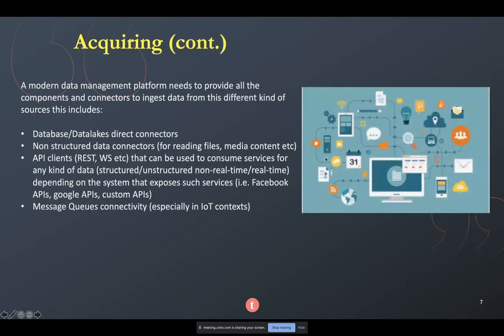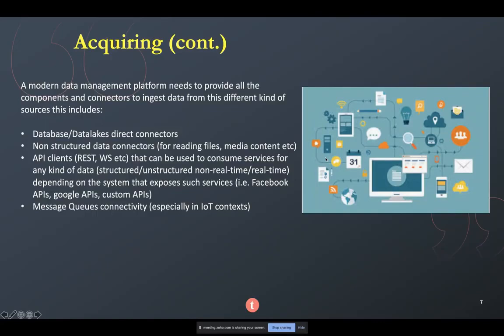So basically, a modern data management platform needs to provide all the instruments for acquiring data from these different kinds of sources. Just to give you some examples: databases and data lakes, direct connectors, non-structured data connectors for reading files, media contents.